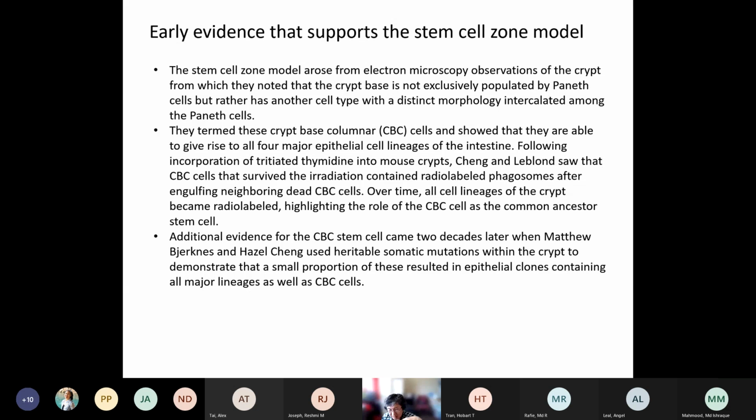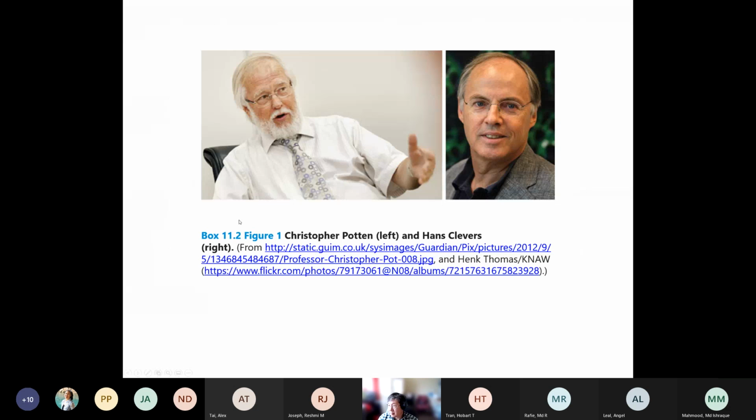So that means the columnar cells now give rise to more of the functional cells, the epithelial lining of the small intestine. So this is another evidence showing that the cells have stem cell potential.